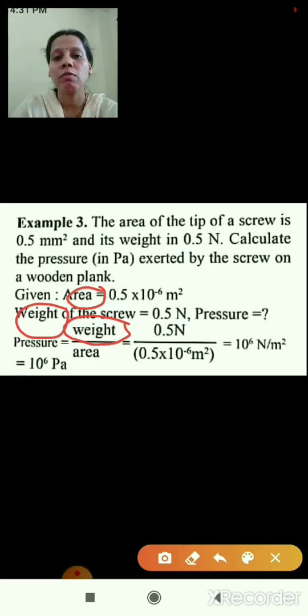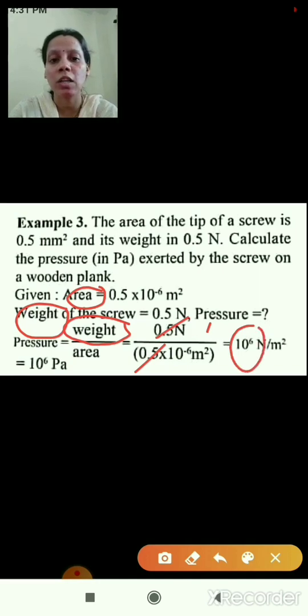What is the weight? Weight is given 0.5 N and the area is given 0.5 multiplied by 10 raised to minus 6 meter square. Now 0.5 gets cancelled. So what is remaining? 1 upon 10 raised to minus 6. Now as you can see, in the answer it is 10 raised to 6.